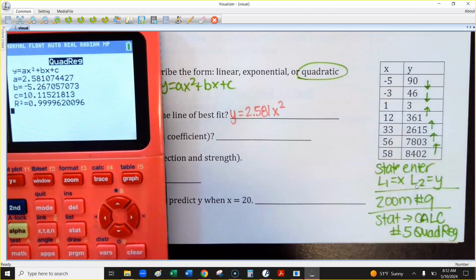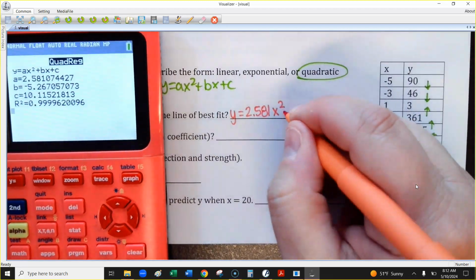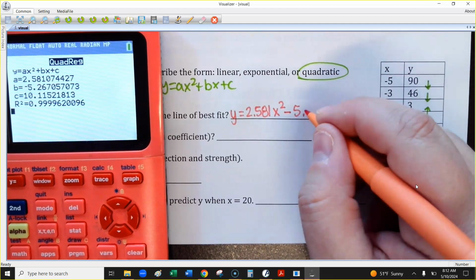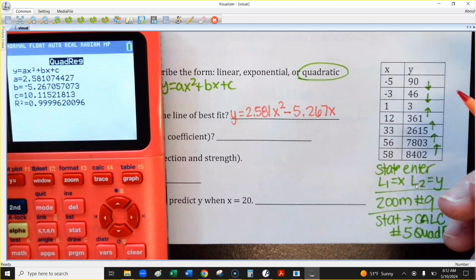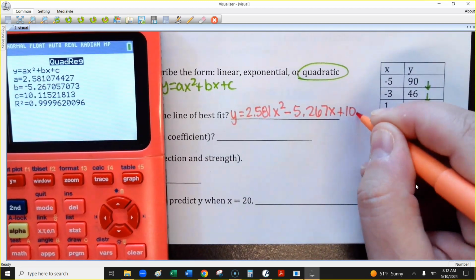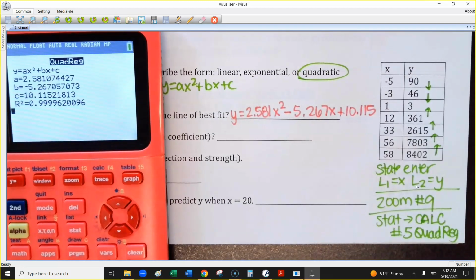Now, the b value is negative, so you just write minus instead of plus in between these terms, no big deal. So I'm going to say 5.267x, and then my c value is your constant, so no x with this, so plus 10.115. I'm just doing 3 decimal places here.